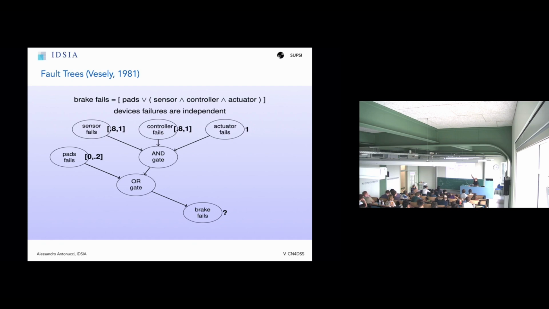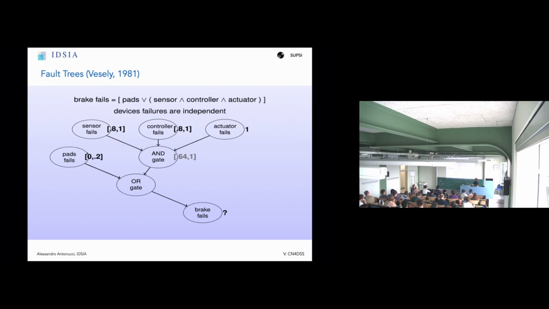Still, this will be a credal network, and I can do credal network inference to compute the bounds. The minimum is when this is 0.8, this is 0.8, and I will get 0.64. But the upper bound will be when this is 1, and this is 1, and so the maximum is probability 1. So I have this interval of probability.